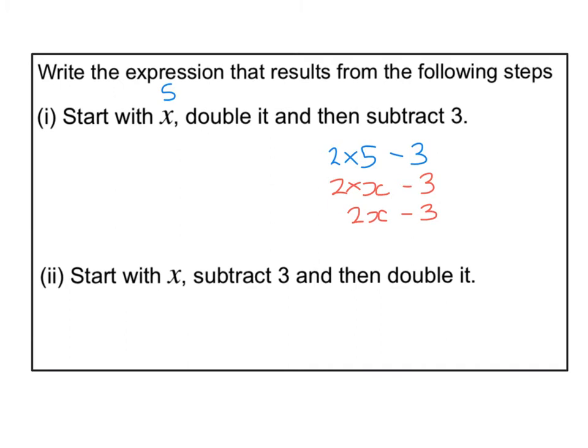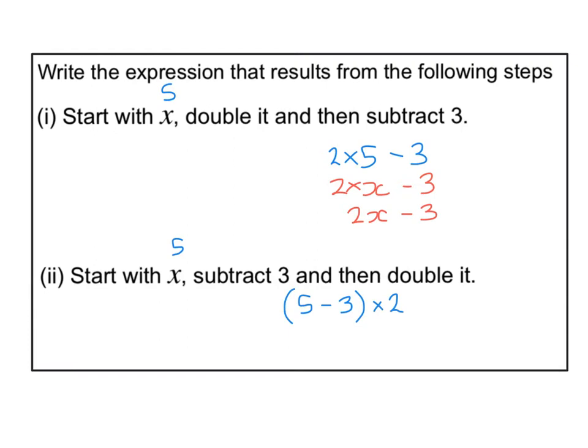Start with x, subtract 3, and then double it. Okay, let's have a look at what we would do if this was 5. Start with 5, subtract 3, and then I'd have to double it. But I need to find out this answer first before I double it. Okay, let's now work with x.